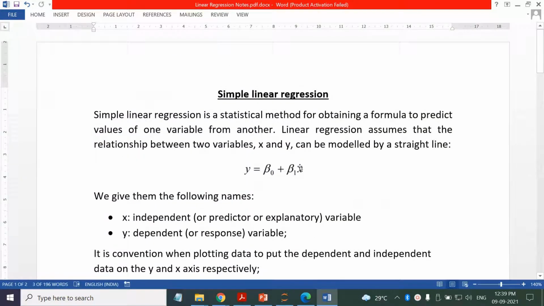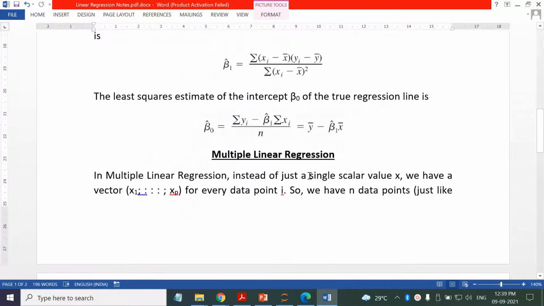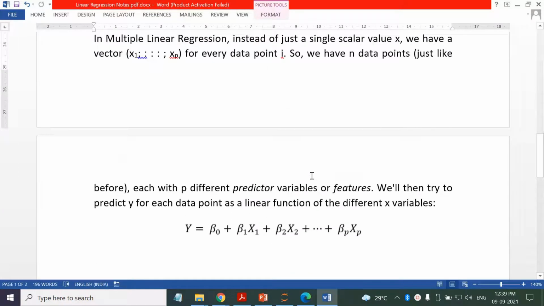Here we have only one independent variable and one dependent variable. In the case of multiple linear regression, as in yesterday's lab, we can predict the house price based on multiple features, for example square feet living area, number of bedrooms, or square feet lot area.